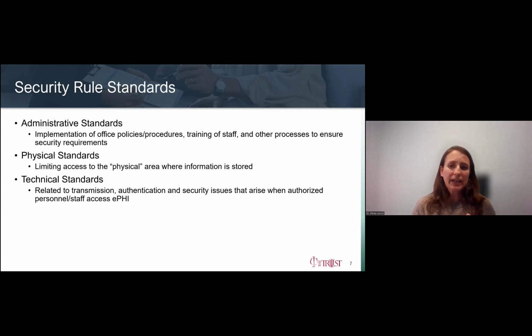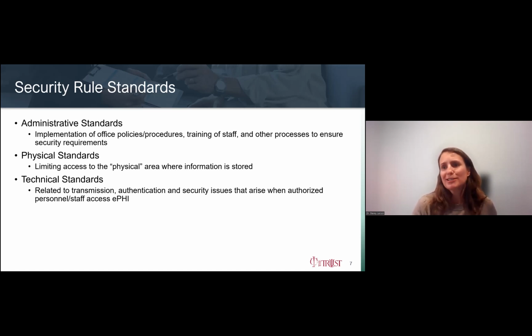So this is where you do your security management aspects of your security rule. This might be where you would document your risk assessment, your identification and analysis of potential risks to electronic protected health information, the ways that you're going to implement different security measures that reduce risks and vulnerabilities to a reasonable level.